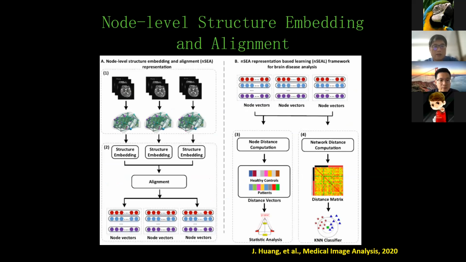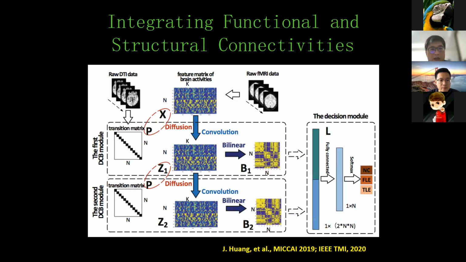Now, we can also combine the node level. We can use some network embedding based methods, but due to time limit, if you're interested, please refer to this paper. Okay. And also when we have both structural and functional connectivity, we can combine these structural and functional networks.